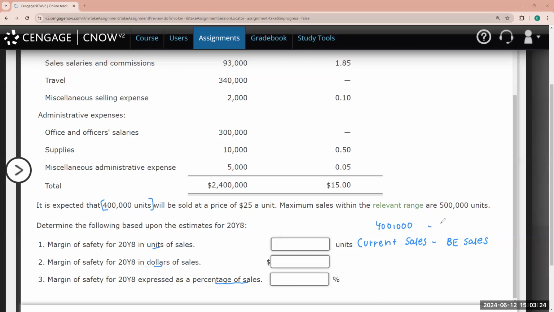And now we need to determine, well, what would our break-even sales in units be? So we know that our break-even formula equals fixed costs divided by our unit contribution margin. And our unit contribution margin is our sales price minus the variable cost.